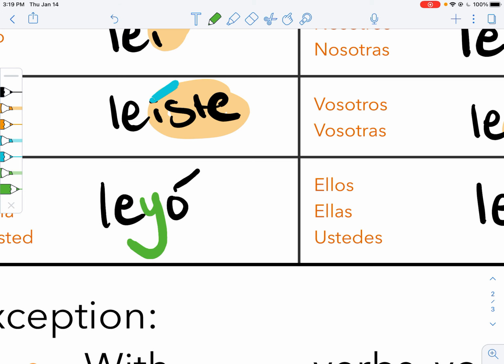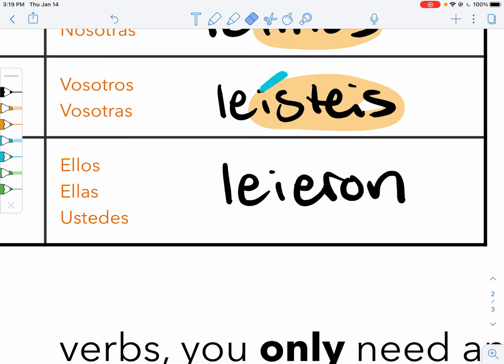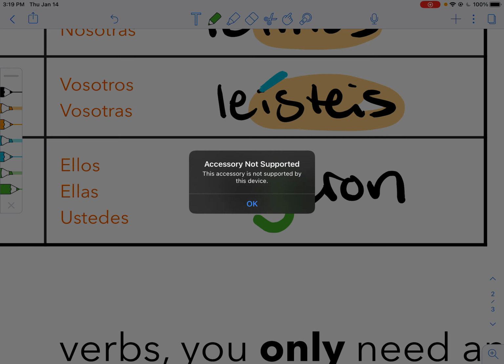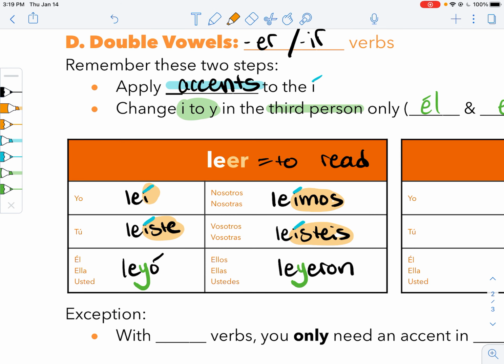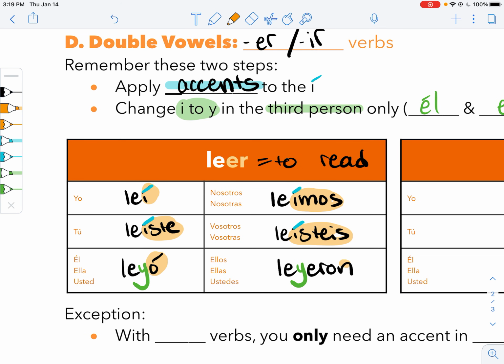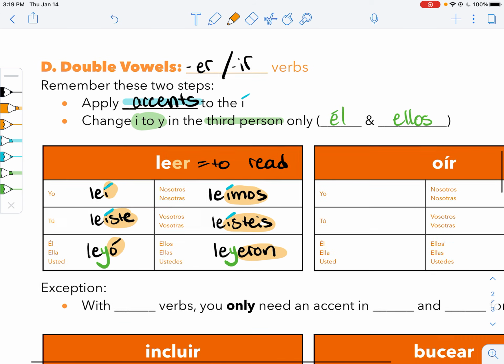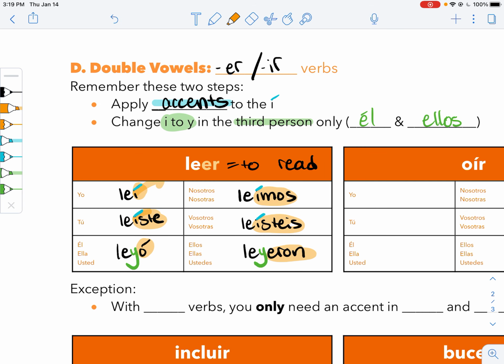We're going to make you a Y. So we get rid of all of our I's. We bench him and we substitute a Y. So that's a lot of fun color coding going on right there. But there you go. Okay, so again, conjugate it like normal. Put accents on all the I's. But in the third person, change that to a Y.